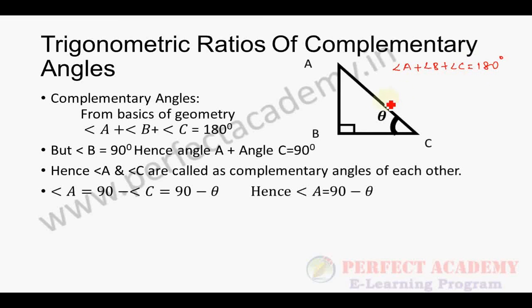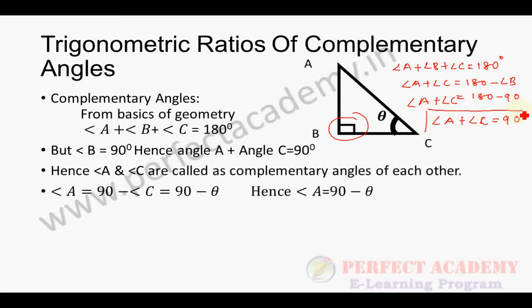But as we know, this angle B is a right angle, I can write angle A plus angle C is equal to 180 minus angle B, but angle B is 90 degrees, so it is 180 minus 90 is equal to angle A plus angle C. So basically I got angle A plus angle C is equal to 90 degrees.